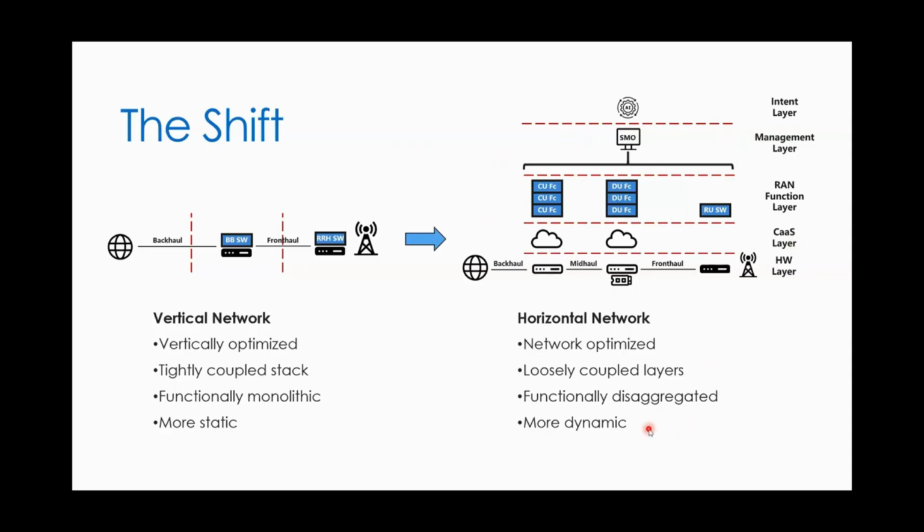And as a result, it's becoming more dynamic because I can tune and optimize each of these individual layers, again, with the goal that each of them plays its part for the overall performance of the system. So I have more ways to adjust and optimize for particular use cases at particular times based on capacity needs and so on. So sometimes you'll hear this term of shifting from vertical to horizontal, and that's really what this is referring to.